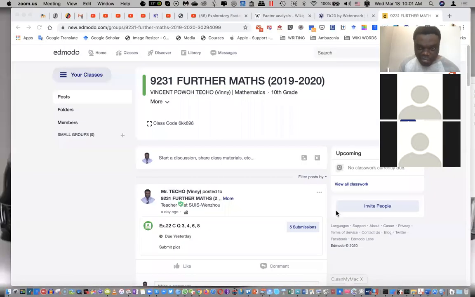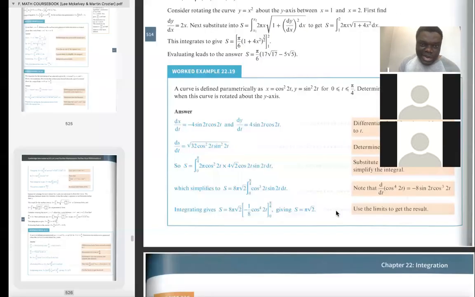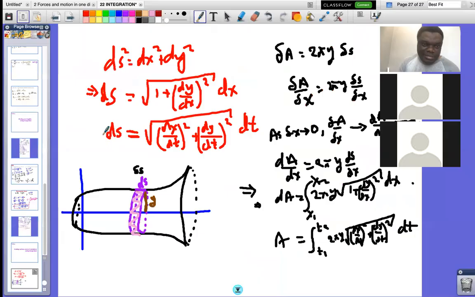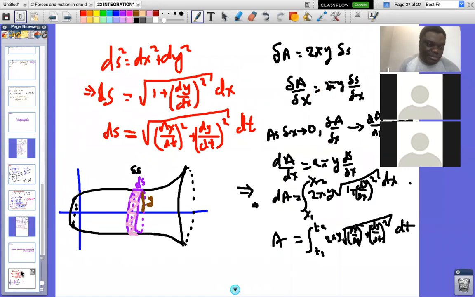I'm going to go straight to what we should be doing today. The aim of our classes is just to derive the formulas, okay?